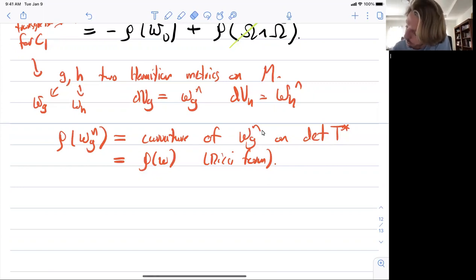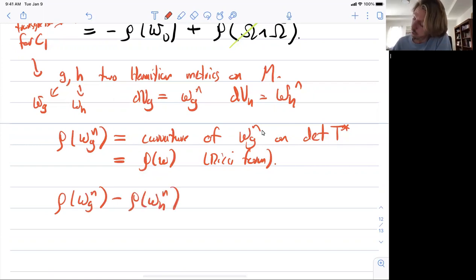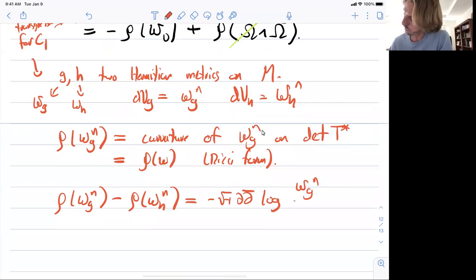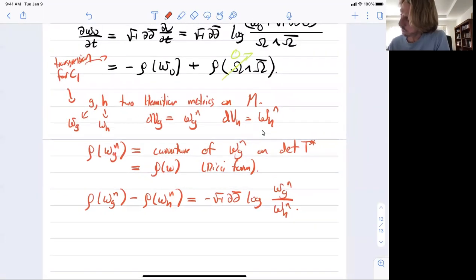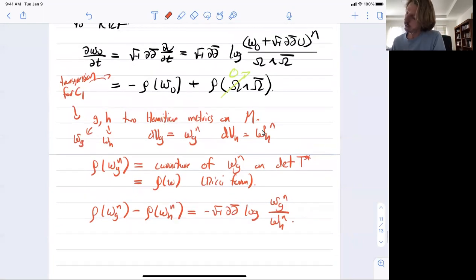And so as a formula, that works out to rho omega gn minus rho omega hn. Maybe I try to get the sign right. So it should be, I guess, minus i del bar del log of this function.